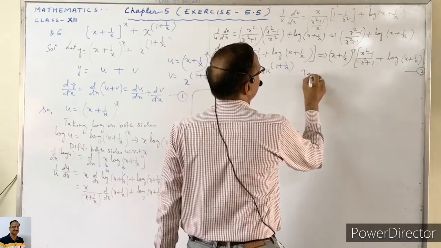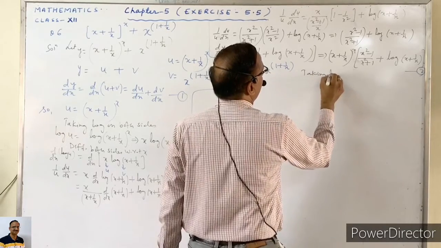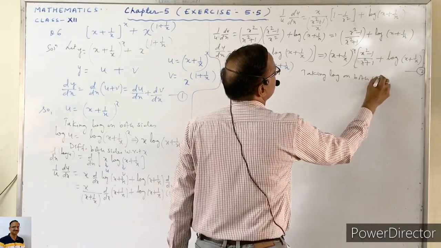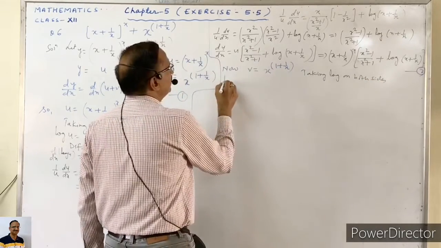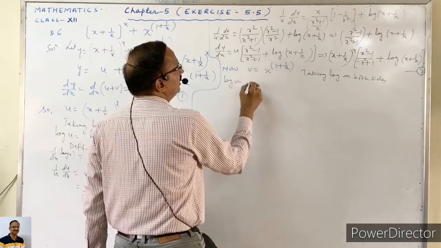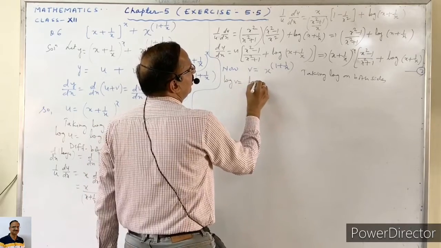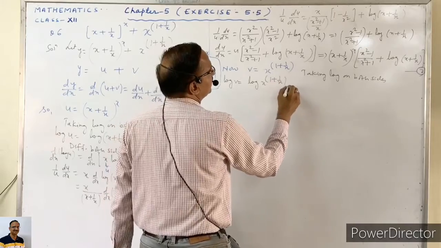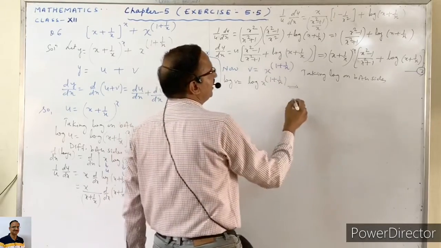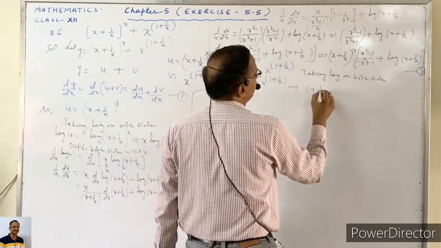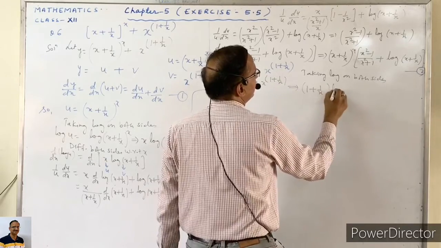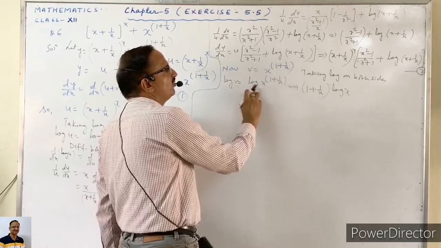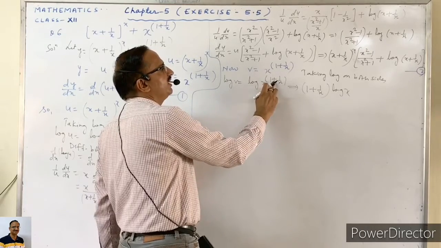So taking log on both sides, this is log v, this one is log x raised to power (1 + 1/x). Further this right hand side can be written as (1 + 1/x) log x, because this is in the form of log x raised to power n.